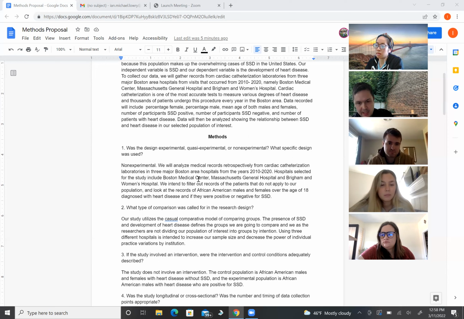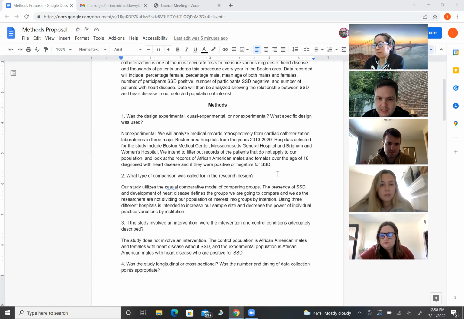The types of comparisons that we're going to use. So we're using the causal comparative model. Basically, that model is comparing the independent and the dependent variable. So the presence of sickle cell disease and the development of heart disease, in our case, are going to define our groups that we compare. And we're not dividing our groups by intention.